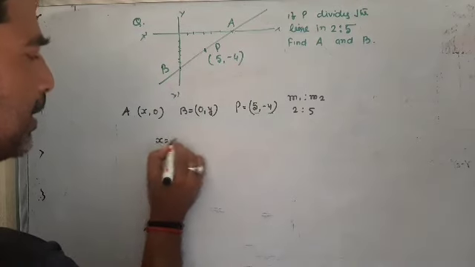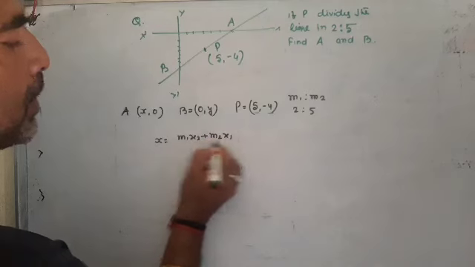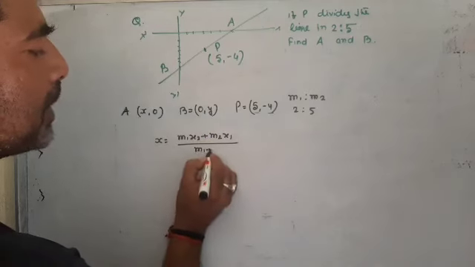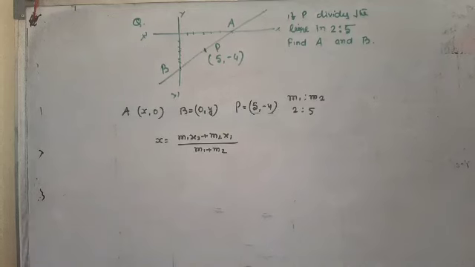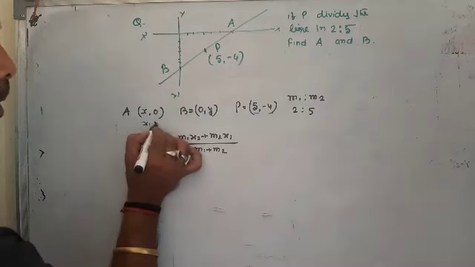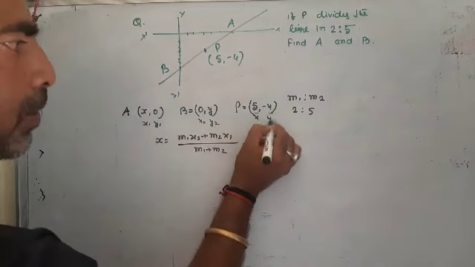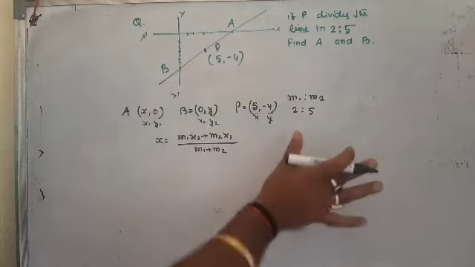So if you write x is equal to (m1 x2 plus m2 x1) by (m1 plus m2). Now in place of x, this is your x1, this is your y1, this is your x2, this is your y2, and this is your x and this is your y, and m1, m2, everything is clear.